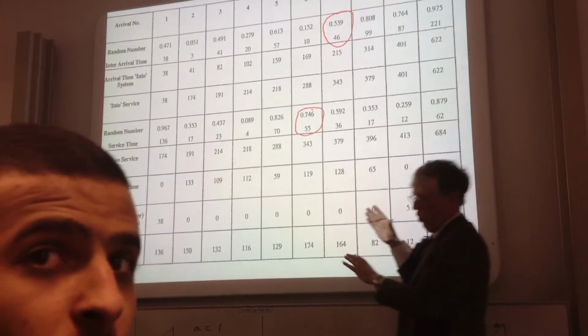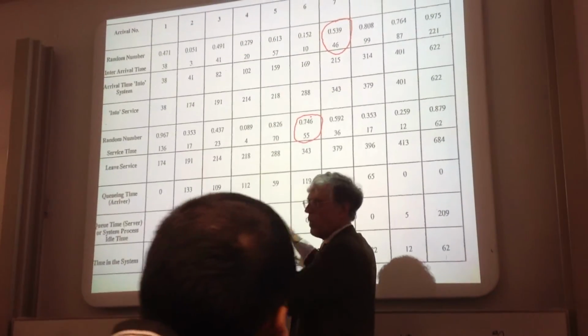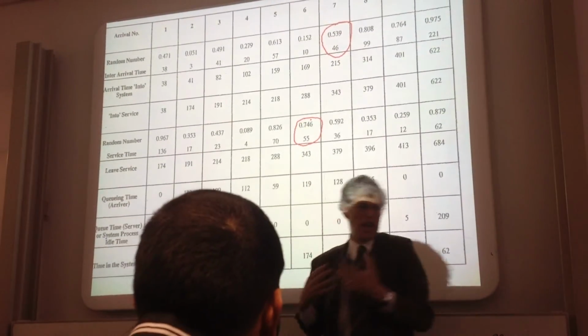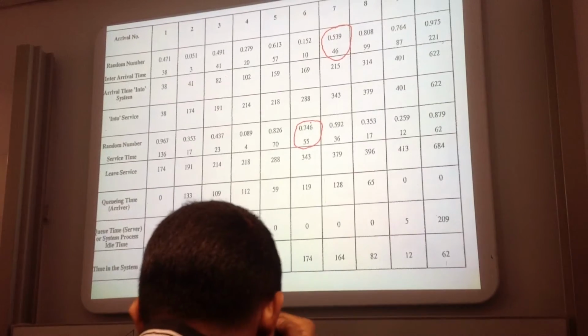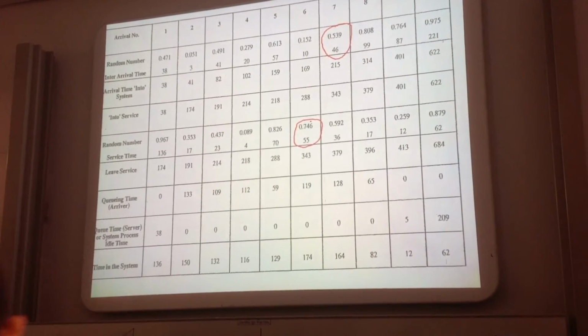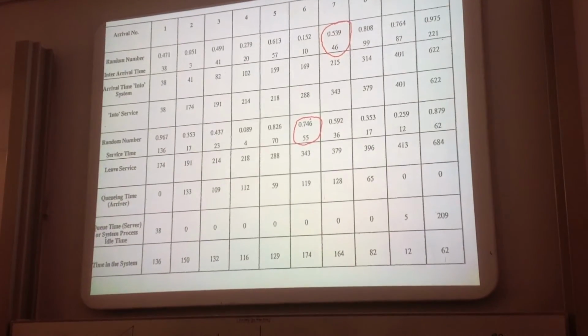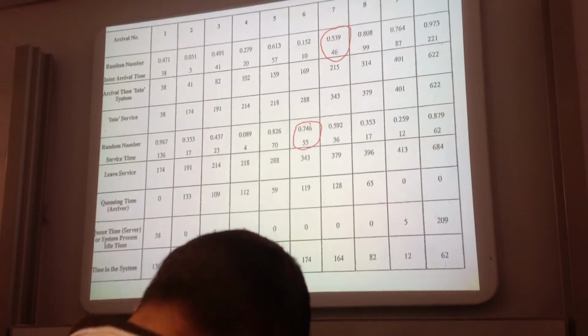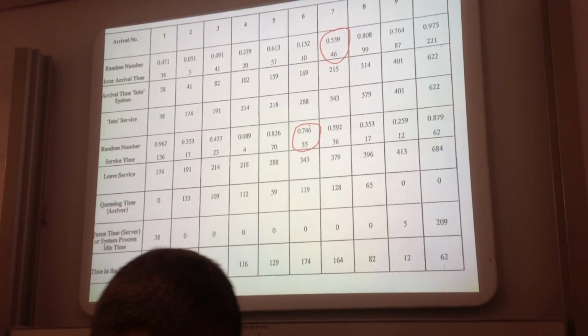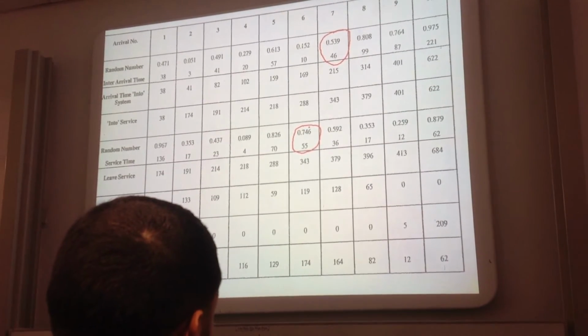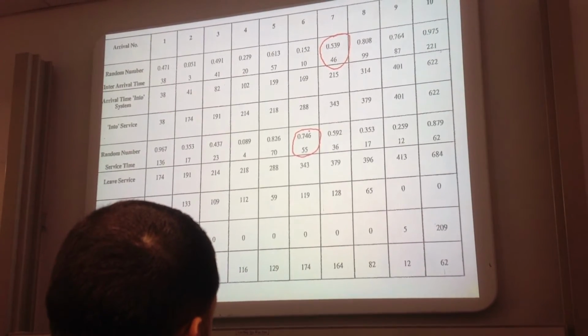But what we've got now is we can simulate 10 people. Now let's see what we have got out of this simulation, because we're interested in knowing things about how long people wait in the system and so on. What information can we get?